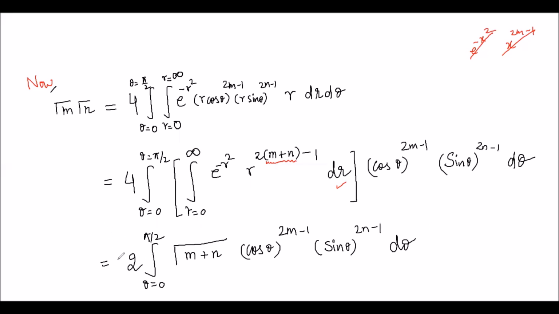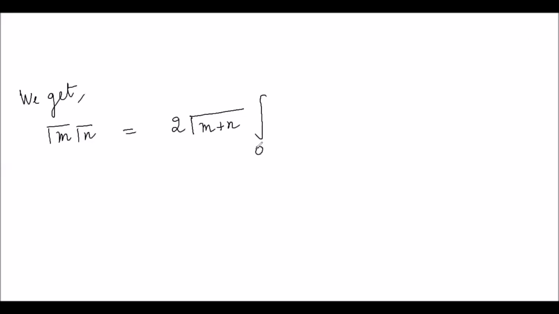Now we are left only with one variable, theta. This gamma of m plus n is constant. So let us simplify it further. We get gamma of m, gamma of n. We can take this gamma of m plus n, since it is constant, outside. We are left with this integral.